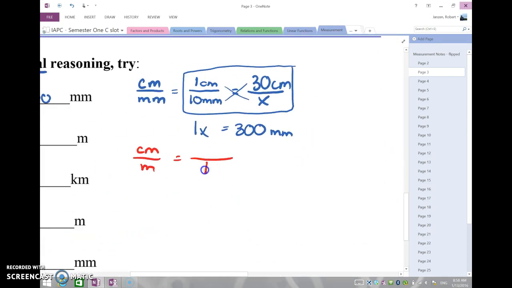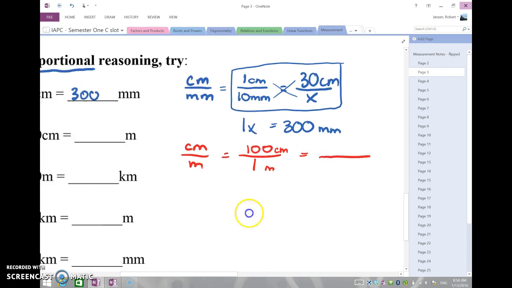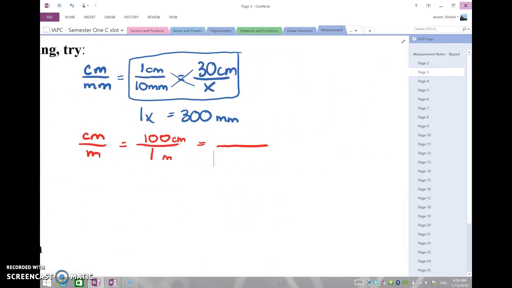So 1 meter is 100 centimeters. I'll put meter here in centimeter. You don't need to write that, but just to keep us on track. And then I have 240 centimeters. So I'll put 240 centimeters here. And what I want to do then is find out how many meters that is. So there is my proportion.